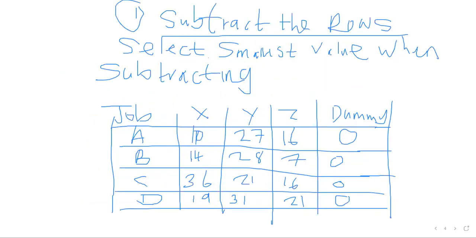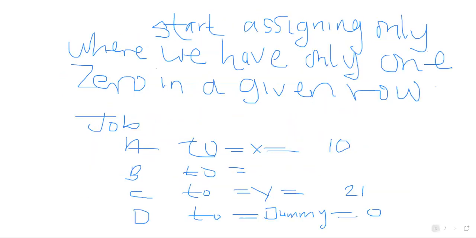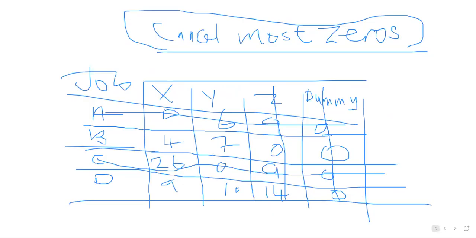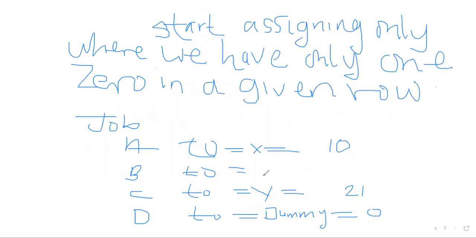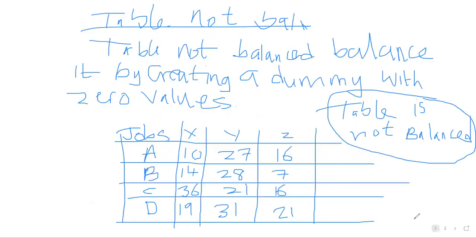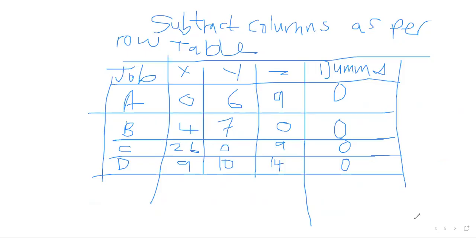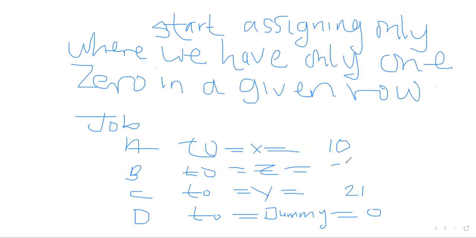Then B from the optimal, B goes to Z. B to Z is 7. And the total is giving us 10 plus 7 plus 21. It is actually 38.